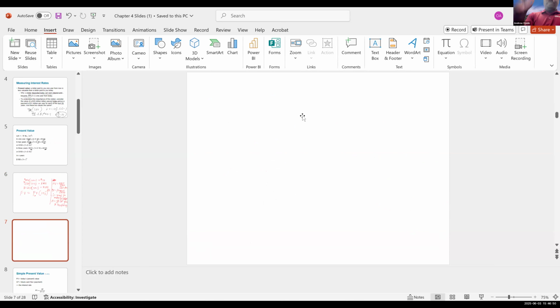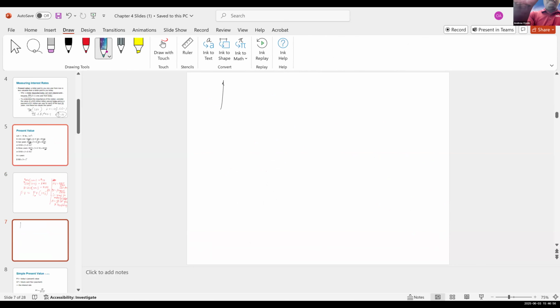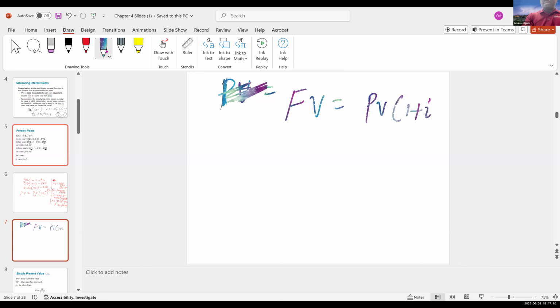Okay, so we are basically saying the present value is given as, so I'll start with future value. So future value equals present value times 1 plus i raised to the power n.